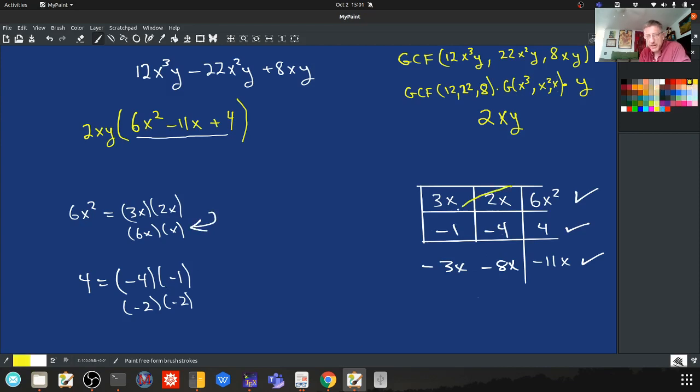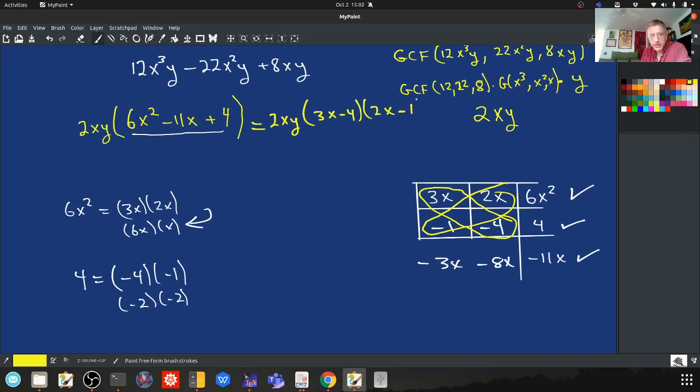So I get my factorization. The entire factorization is 2xy times 3x minus 4 times 2x minus 1.